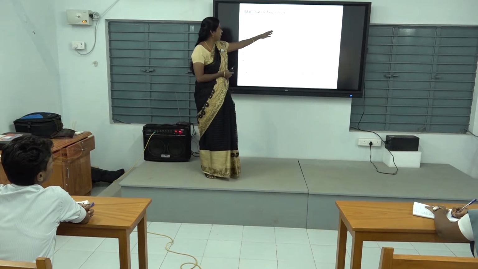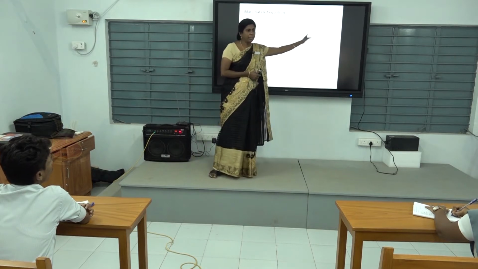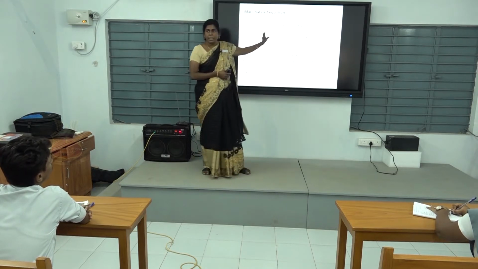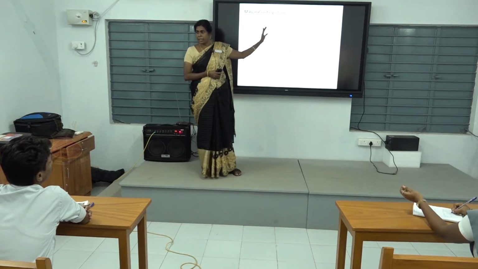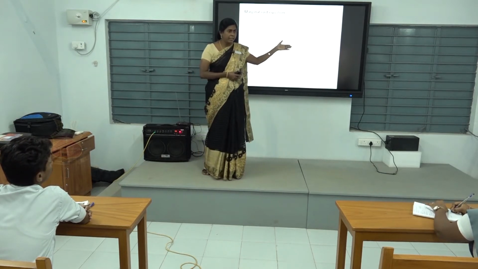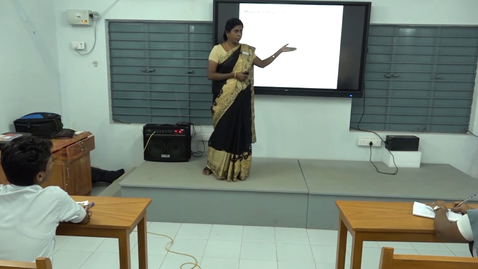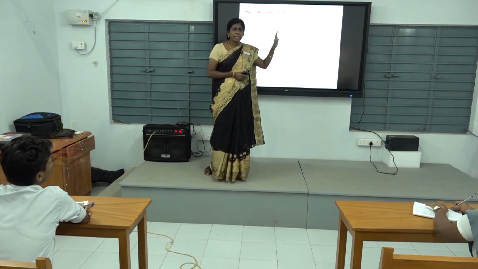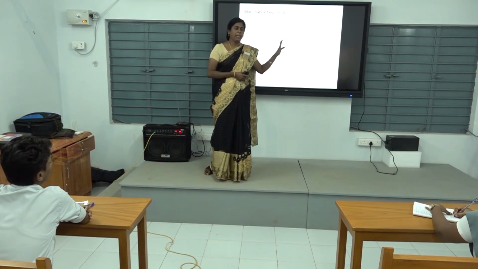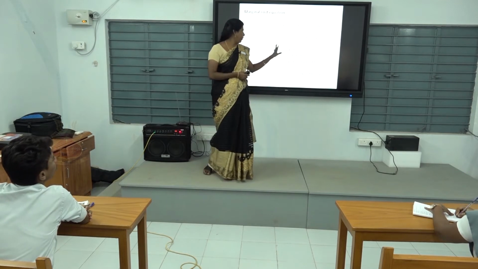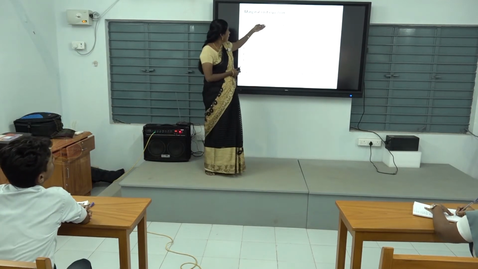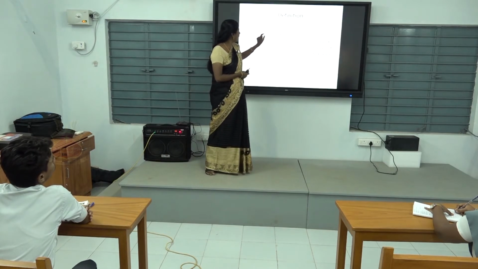Variable cost plus fixed cost plus profit equals sales. What is variable cost? Variable cost varies with the volume of output. Fixed cost remains constant irrespective of units of production or volume of production. Okay.